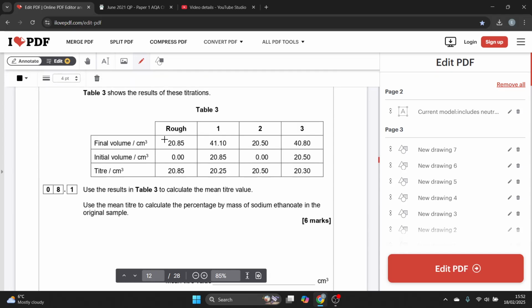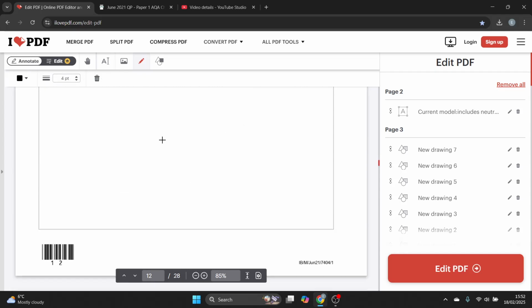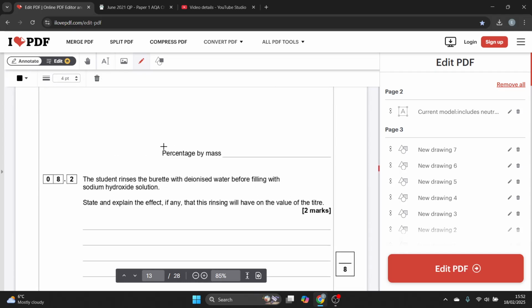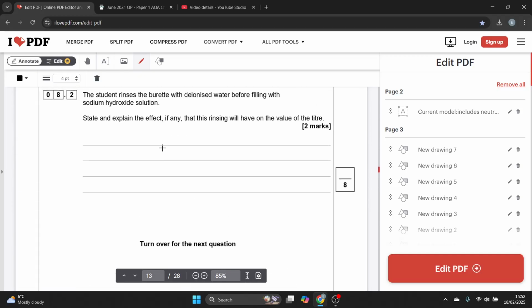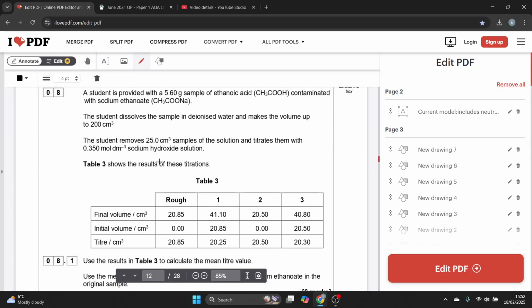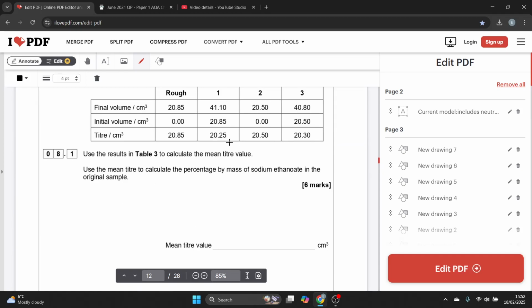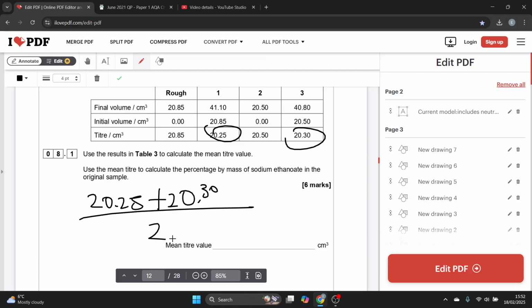Uses the results, calculate mean titre, and then a 6 marker, okay. But that's it for this part, really. So calculate mean titre, so concordant titres, so these two: 20.25 plus 20.30 divided by 2, that's 20.275.